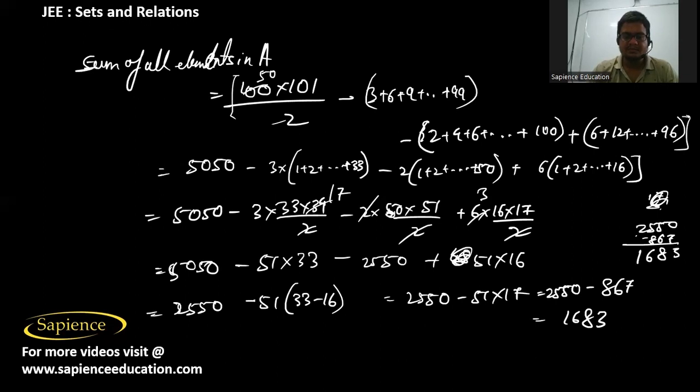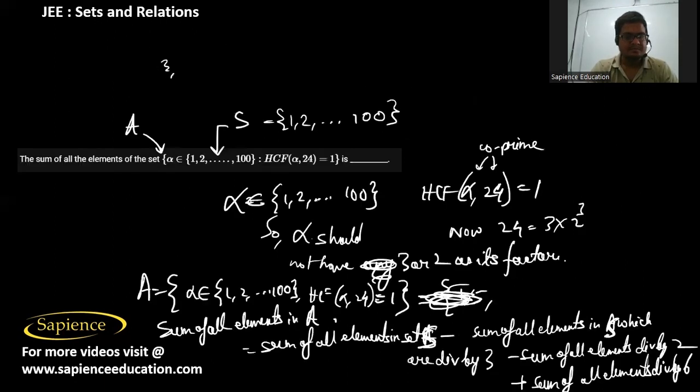So 5050, then this is minus 51 into 33 minus 16, which is 1683. So the answer is 1683.